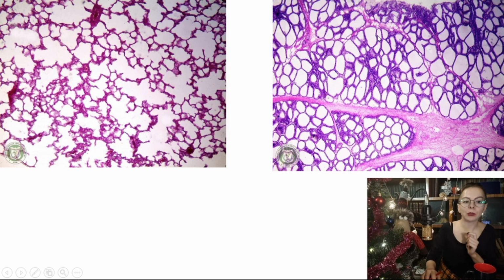But what helps you to distinguish them one from another? Alveoli of mammary gland are spherical and rounded, and lung alveoli have irregular shape, and usually they are interconnected one with another, forming a continuous network of empty spaces. Also in the mammary gland, connective tissue is very prominent between the lobules.